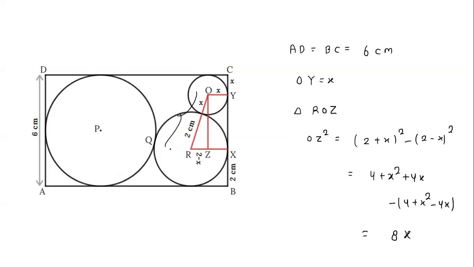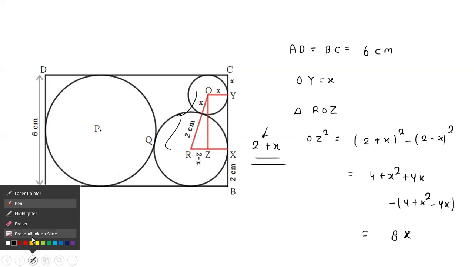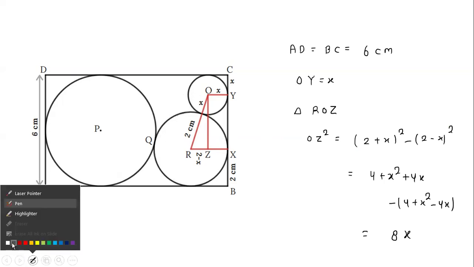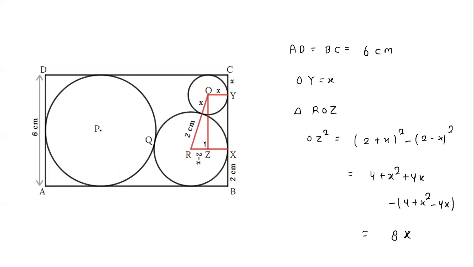So this whole distance we can easily find out as 2 plus X, which is the summation of the radii of both circles. Because both circles are touching, we can directly find this OR distance, and it will come like 2 plus X. So now you see there is one right angle triangle here, and we know this hypotenuse, which is 2 plus X, and we also know this base, which is 2 minus X.